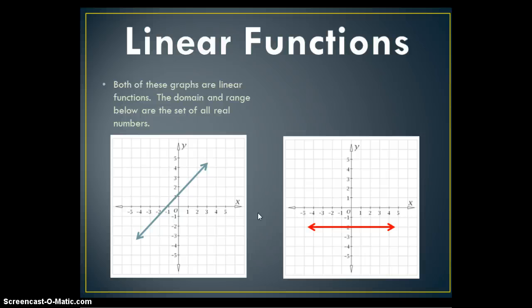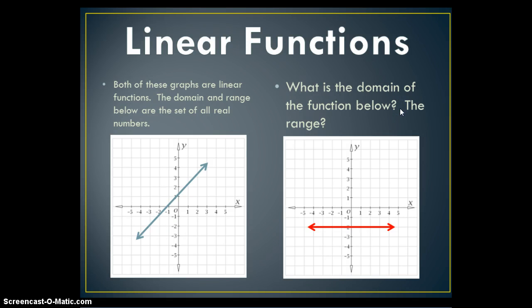The next question is, what is the domain of this function below, the red line? What is the range? Well, we know that the domain is our x values, or our inputs, and we see because of our arrows here and here that this graph goes on to the left and to the right for indefinite time.